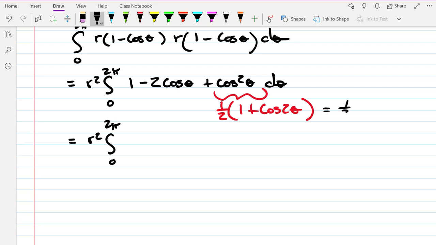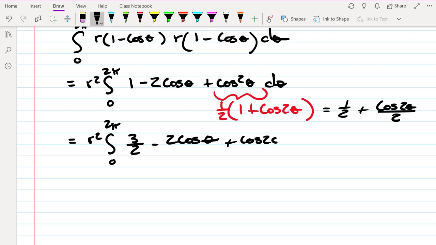If we distribute that 1/2 in, we get 1/2 plus cosine 2 theta over 2. So 1/2 plus 1 is 3/2, minus 2 cosine theta, plus cosine 2 theta over 2 d theta.